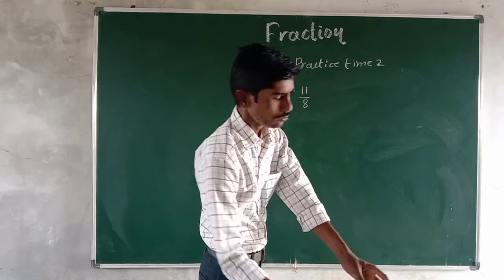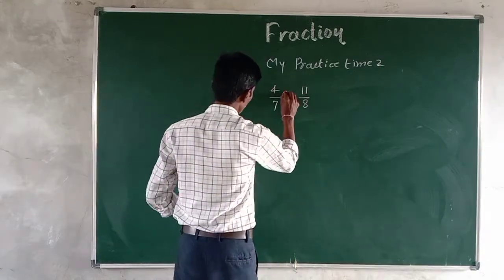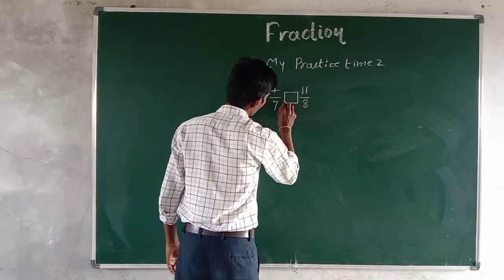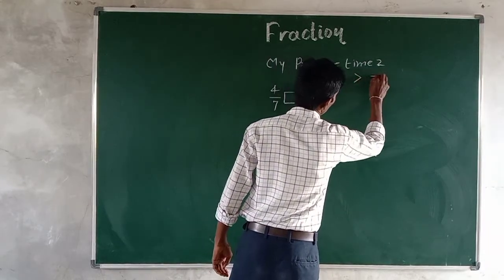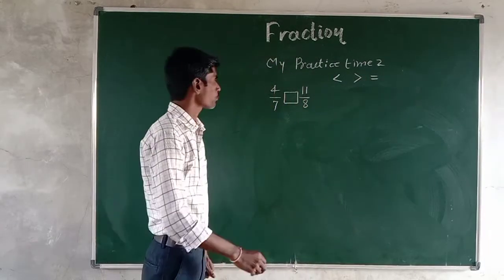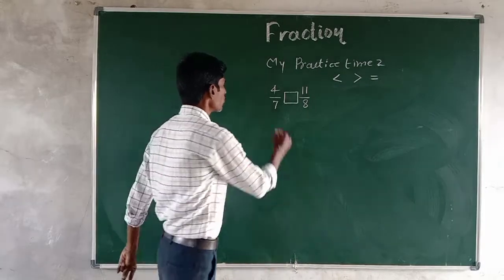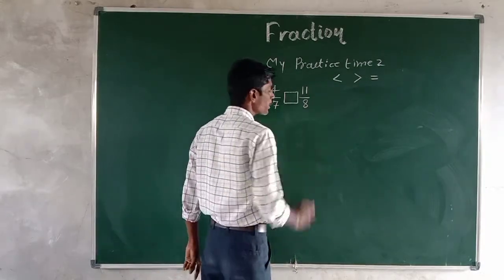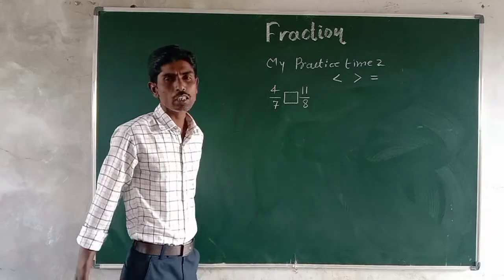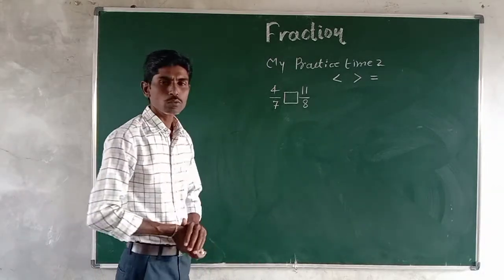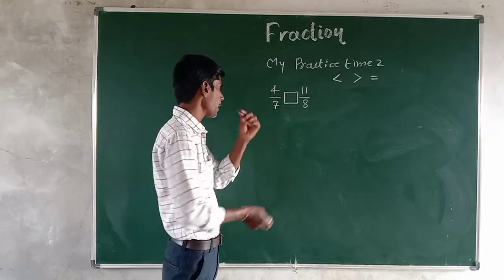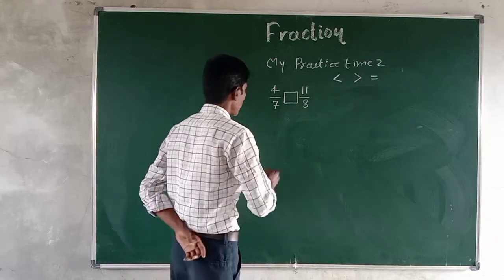We have to fill in the box with the correct sign. There is a 7 denominator and an 8 denominator, that's why this is an unlike fraction. So first of all we have to make both fractions like fractions.